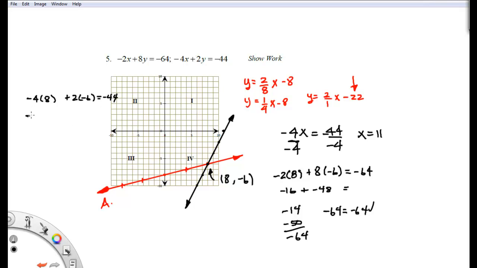So I have -32 plus -12, which is supposed to equal -44. Because you have a 30 here and a 10 that's -40, then you have a -2 and a -2 that gives me the 4. So that does equal -44. So that does work.